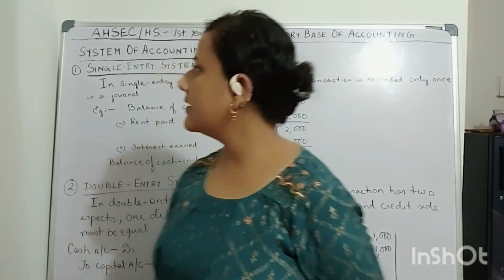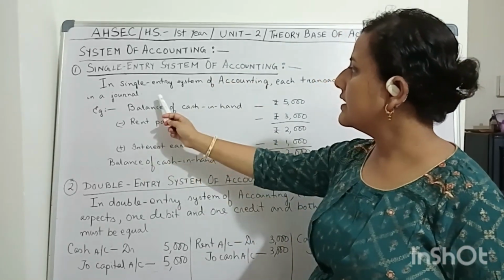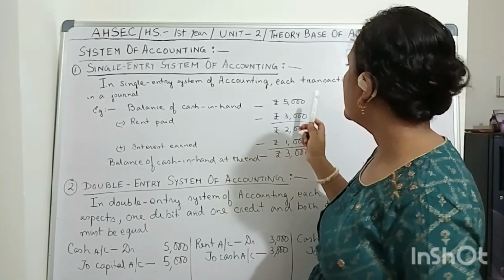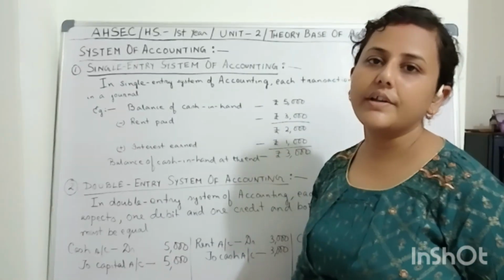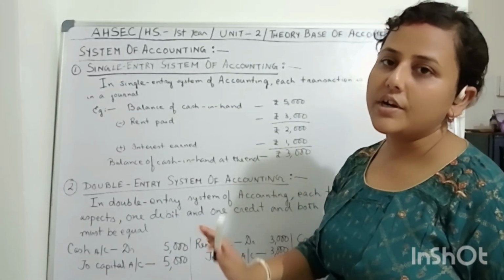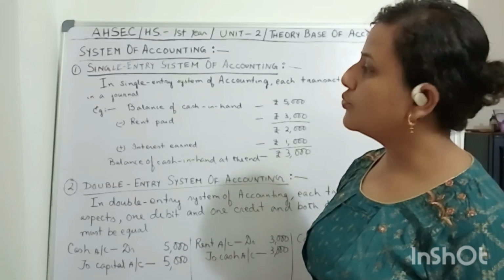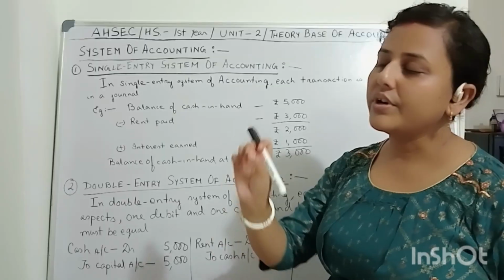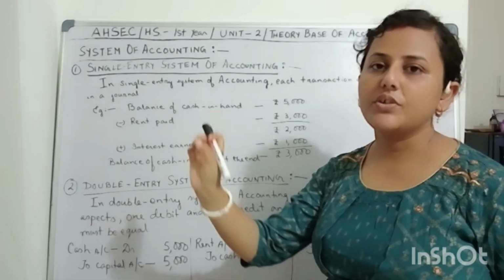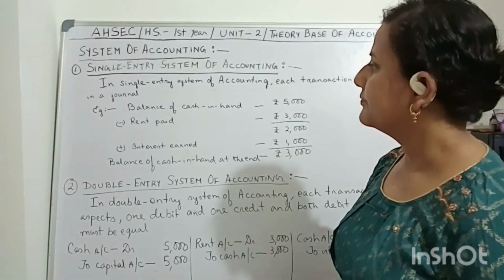So here you just see the single entry system of accounting. In the single entry system of accounting, each transaction is recorded only once in a journal. A journal, that is books of account, has to be prepared in every business. So where only one time the transactions are recorded, that is the single entry system of accounting.